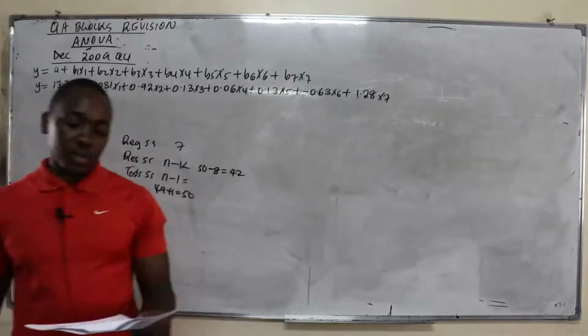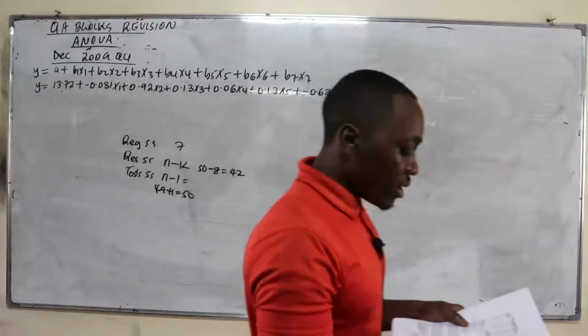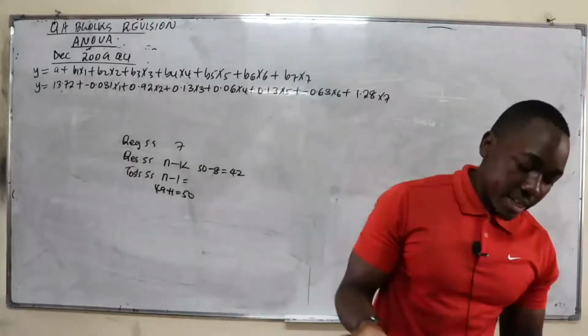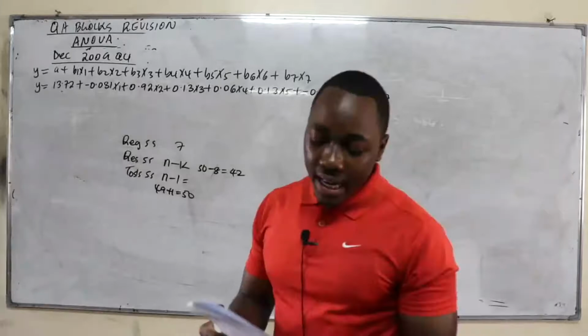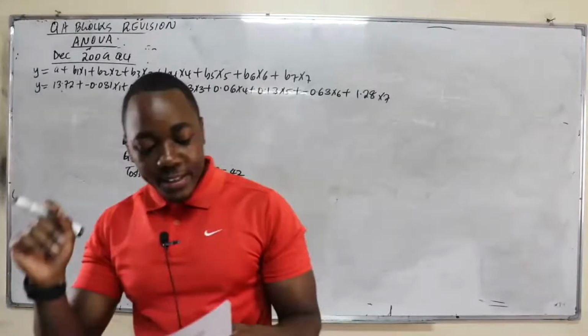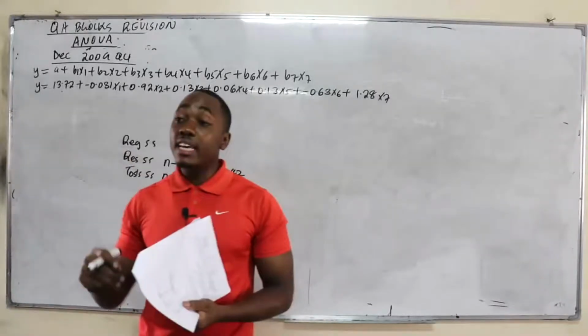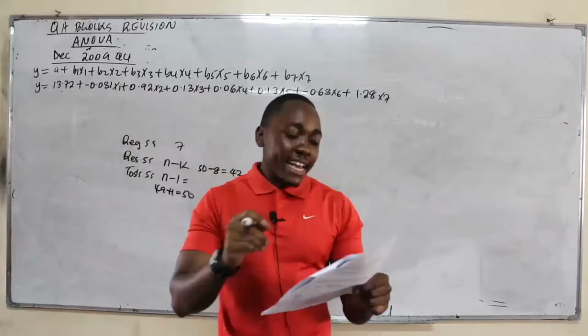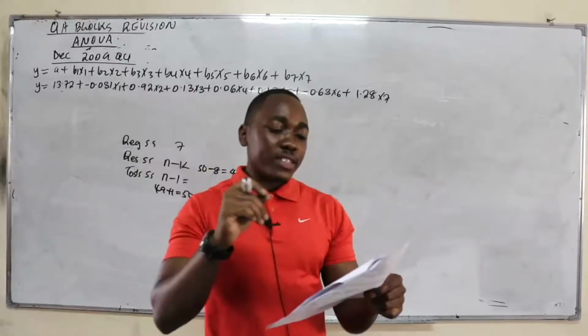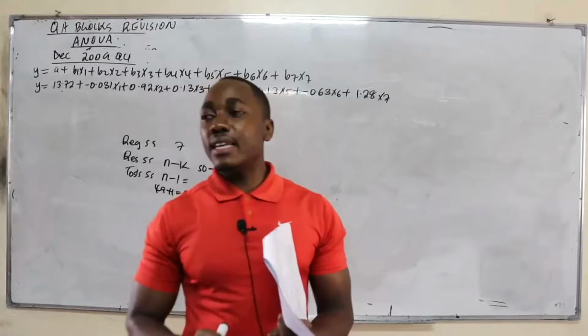Yes. Then you have the sum of squares. Let's start with the first one. Regression sum of squares represents the explained variation. Residual sum of squares represents unexplained variation. And then total sum of squares represents total variation. You don't have to cram that.